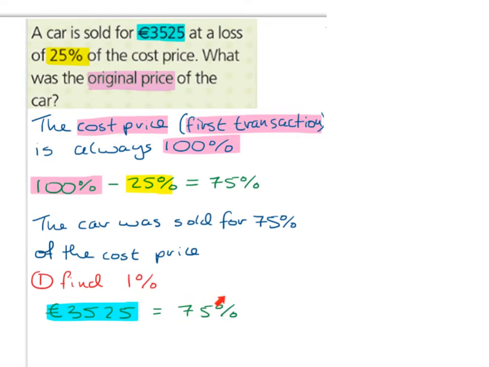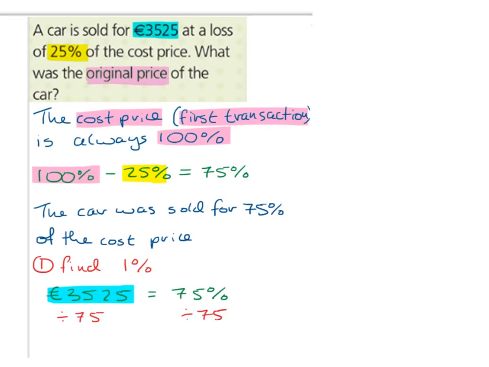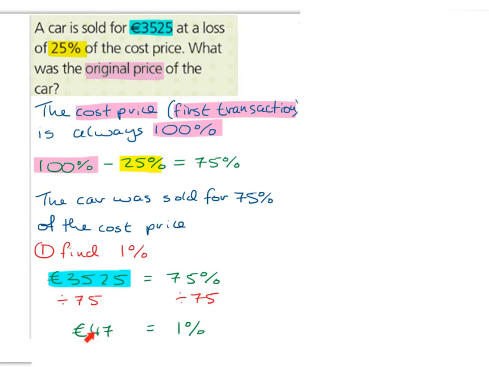So to change 75% into 1%, we divide by 75. Anything divided by itself is 1. So what we do to the right, we do to the left. So we're also going to divide 3,525 by 75. So 75% divided by 75 gives us 1%. And 3,525 divided by 75 gives us €47.